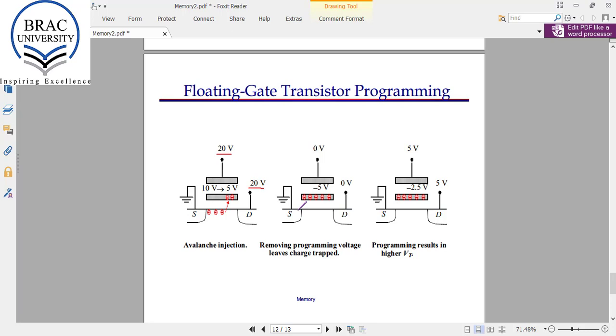The effect of this is the threshold voltage becomes higher. So initially if I put 5 volt here, a channel will be created here, and with this 5 volt at drain, this will start the conduction. But when some electrons remain here, even if I put 5 volt, this will not create any channel here. So this increases the threshold voltage of this transistor.